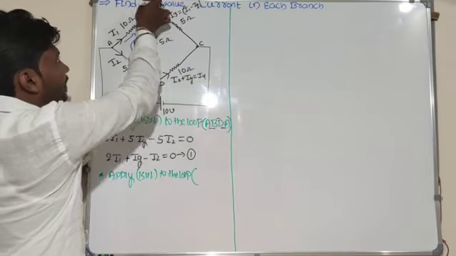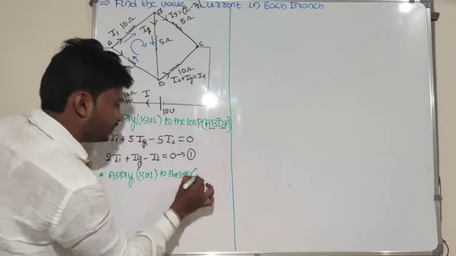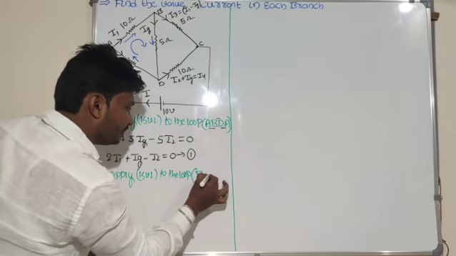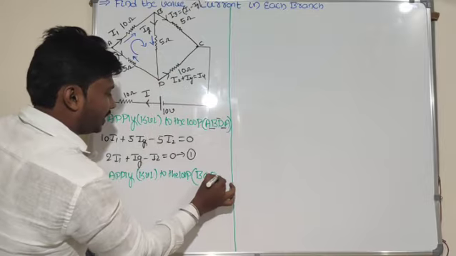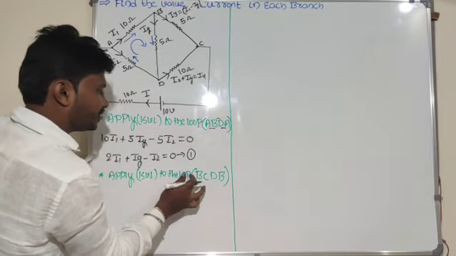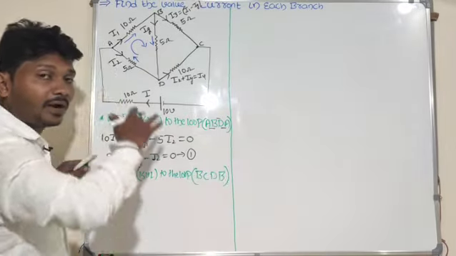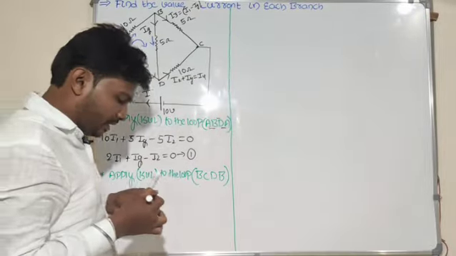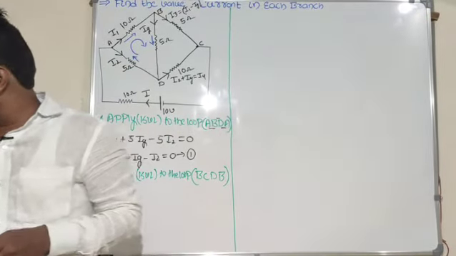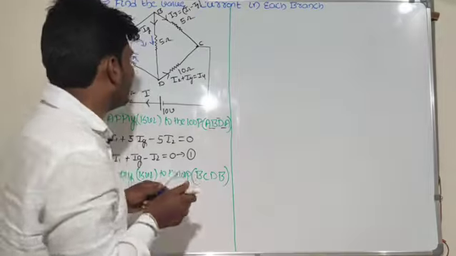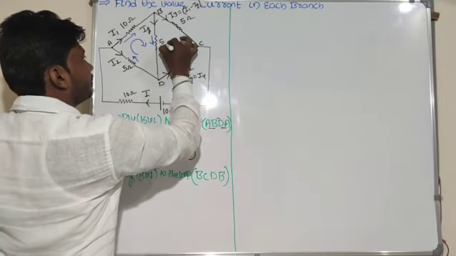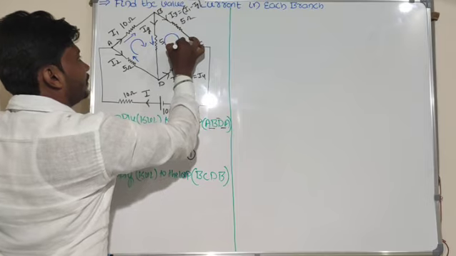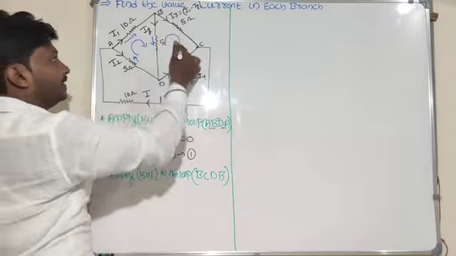What's the loop here? BCDB. B to C, C to D, D to again B. It starts from point B and ends at point B, so it forms one loop here. Now again, first I need to draw an imaginary line, right? For this loop, I will draw one imaginary line here.